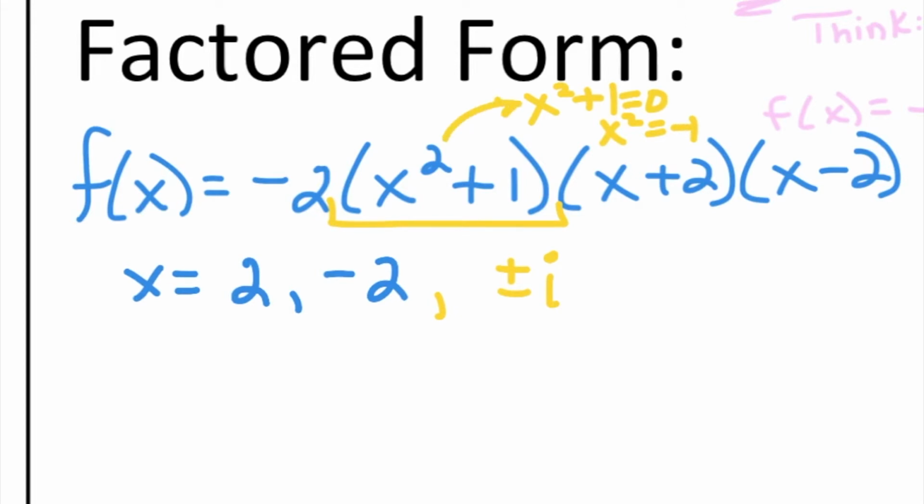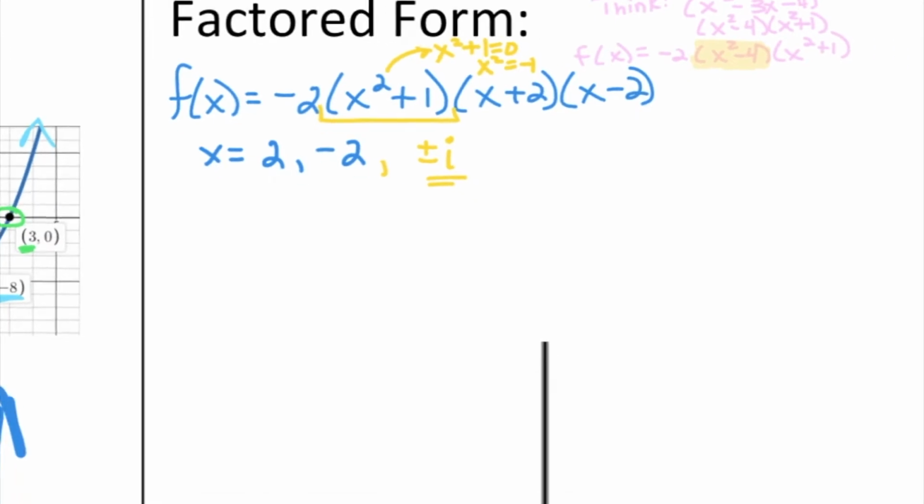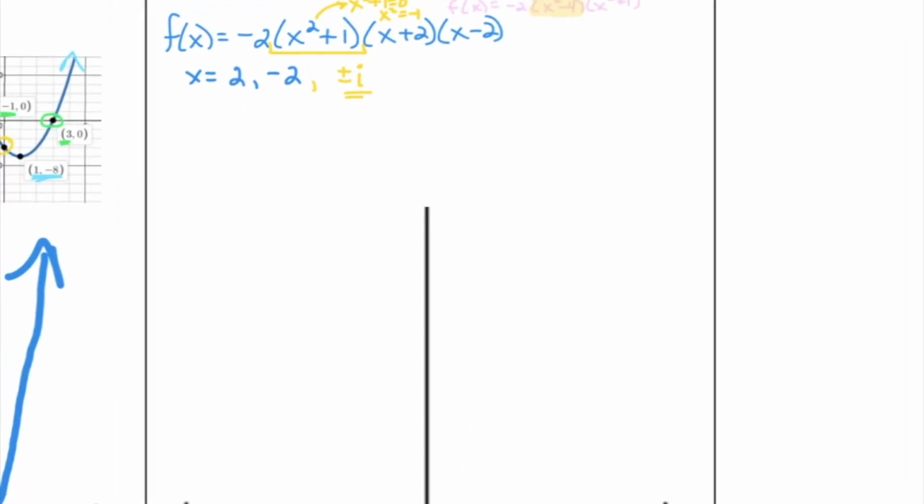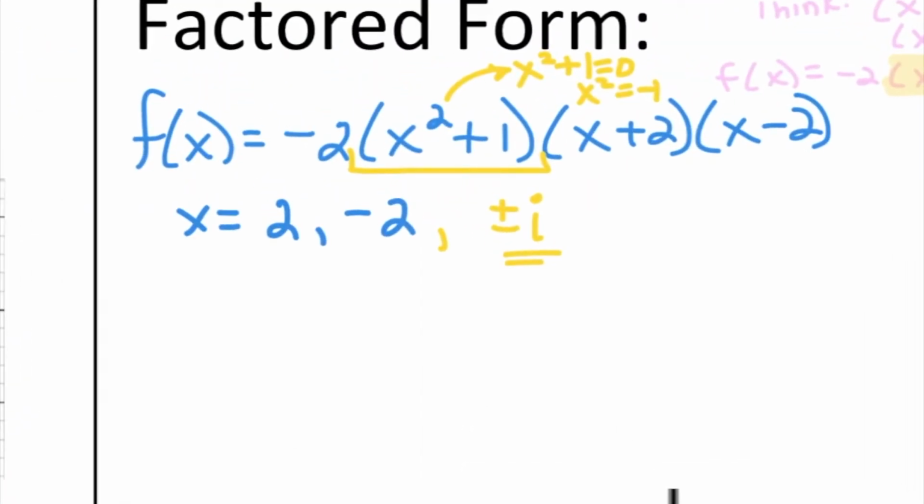That's from this. But because we're talking about graphing here, we can't graph positive and negative i. You can't graph i because it's imaginary. And so my x-intercepts are positive and -2.